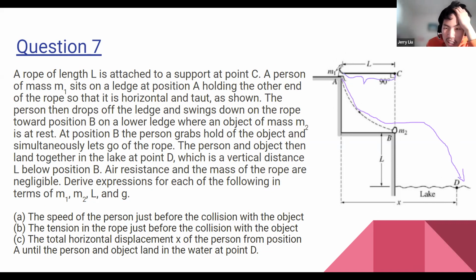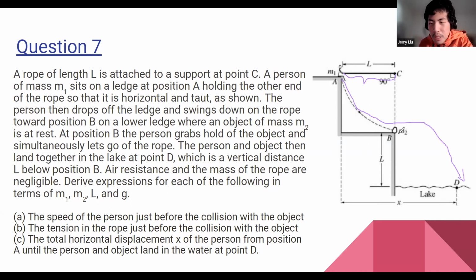So it's completely tightened, because the rope has this exact length L. The person then drops off this ledge, swings, which is in a quarter circle formation, and he hits and grabs this object M2.